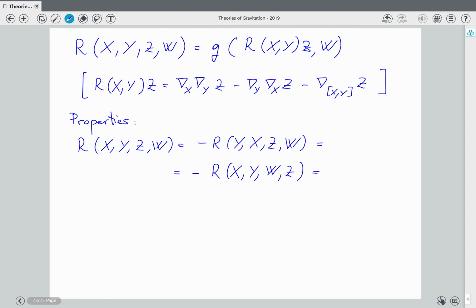And it is symmetric if you exchange the first pair with the second pair. So again, this I leave to you as an exercise, to prove these. And the Bianchi identity also is an exercise.